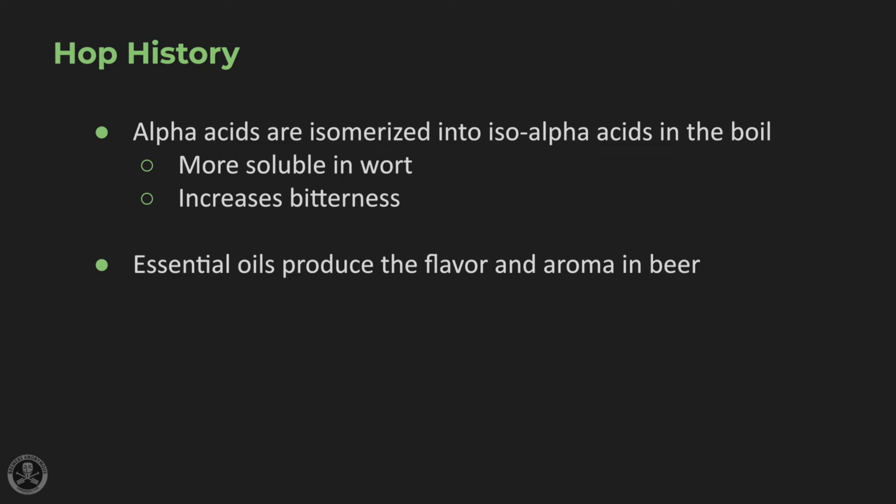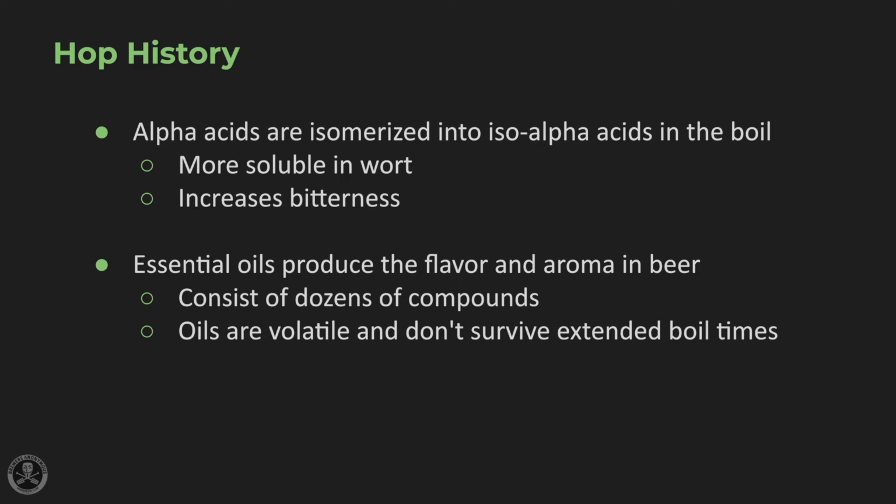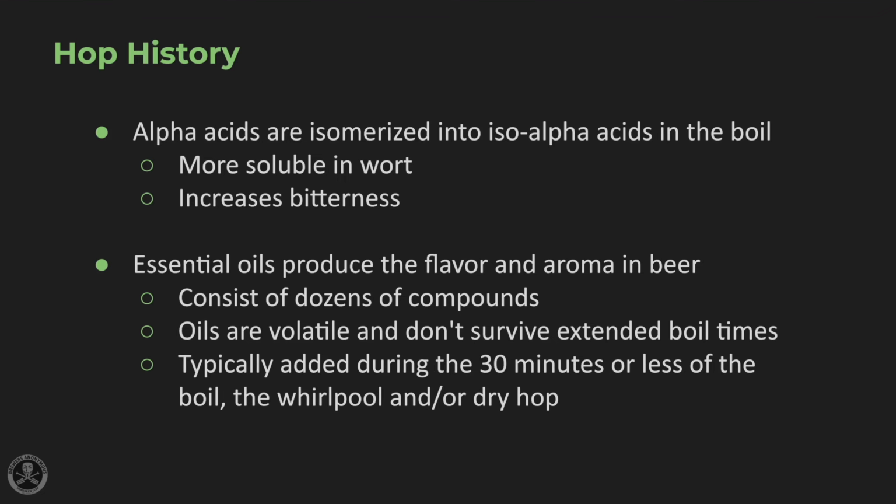These essential oils consist of dozens of compounds in various amounts depending on the variety of hop. Many of these oils are volatile and don't survive extended boil times. With the volatile nature of these oils, flavor and aroma hops are typically added during the last 30 minutes of the boil, all the way up to the end of the boil, as well as in a whirlpool step and even in dry hopping during fermentation to draw out strong aromas.